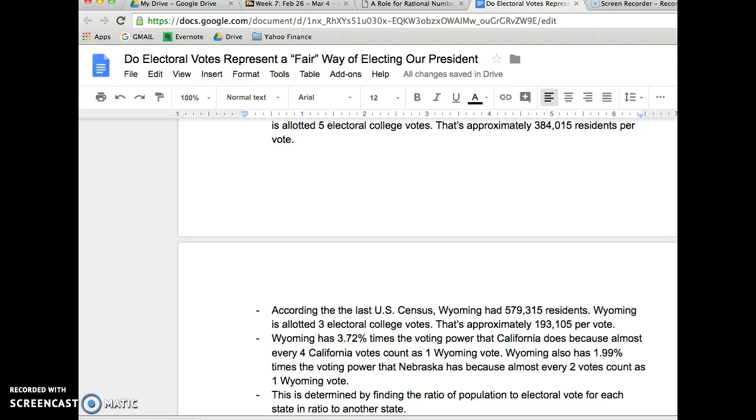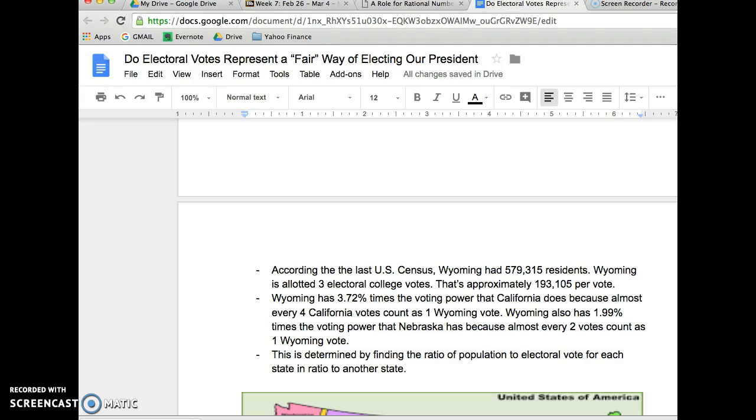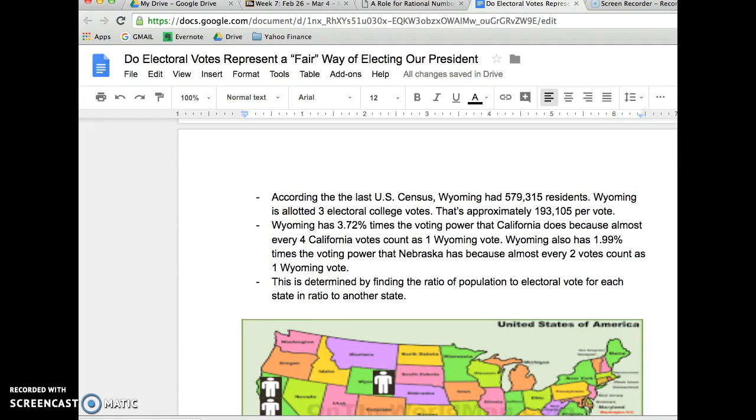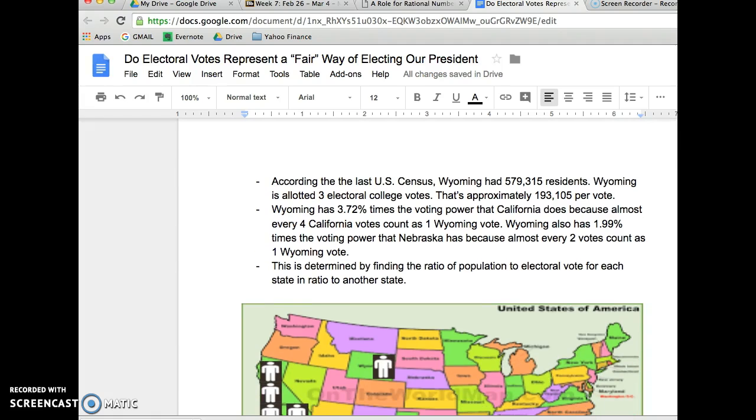Wyoming has a much higher voting power because it's such a smaller population. So it looks like the Electoral College is in favor of the smaller states because it takes fewer people to equal 1 electoral vote than it would take for larger states.